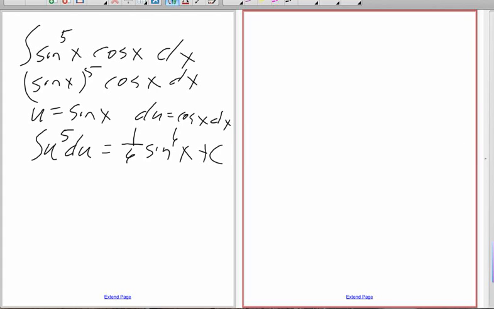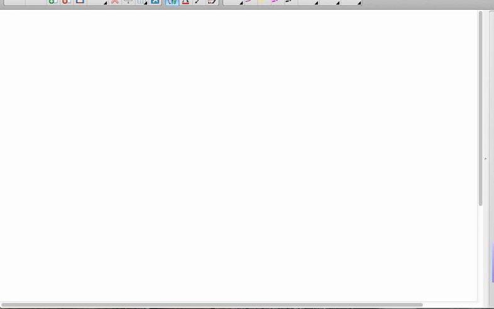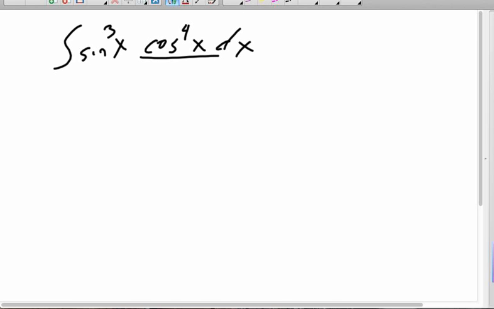So what are we going to do when we face something where they're not all single powers, and they often are not? So for instance, what if we have the integral of sine cubed of x cosine to the 4th of x dx? Well, now this would be easy if I had just a sine, but I've got a sine cubed.